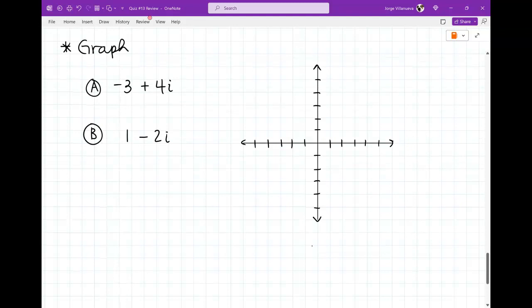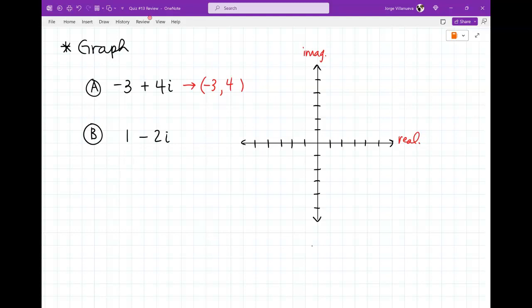Whenever they want you to graph this, remember we call this the imaginary axis and the real axis, but you can still think of it as x and y. You can rewrite a complex number as a point. Okay? This one becomes what? What is my point for negative 3 plus 4i? Negative 3, and then a 4, right?